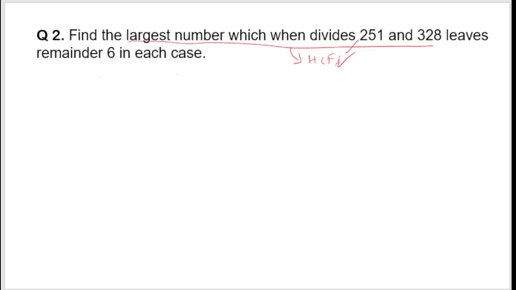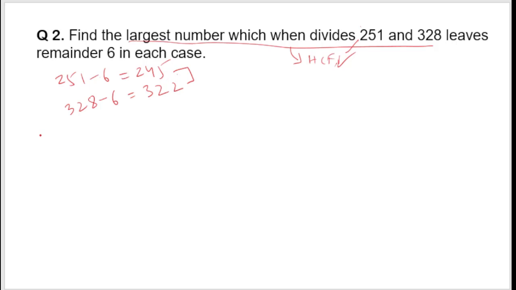So the largest number is not the HCF of 251 and 328, but it will be the HCF of the numbers making the remainder 0. So 251 minus 6, that is 245, and 328 minus 6, that is 322, means that required number must be the HCF of these two.